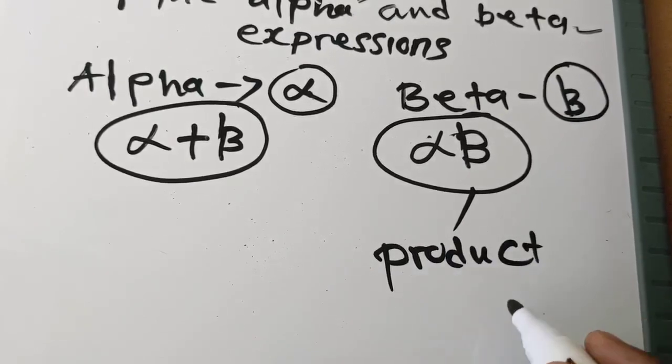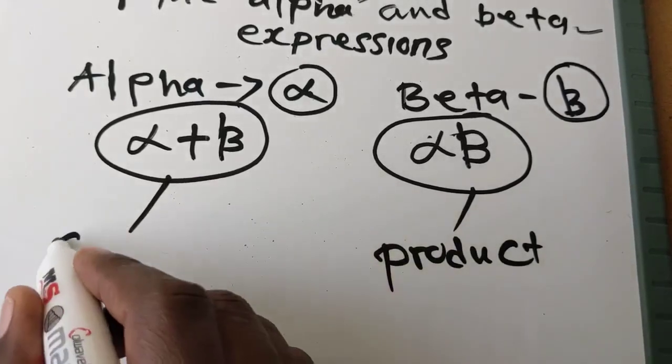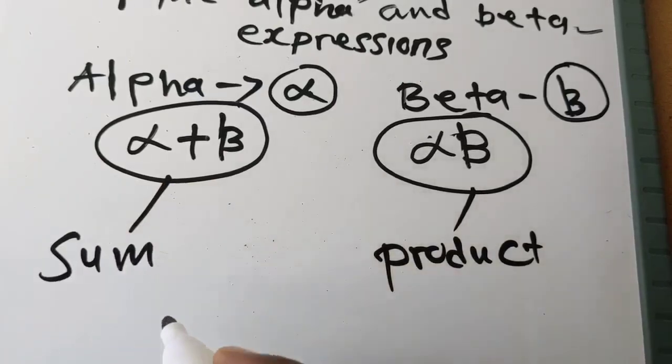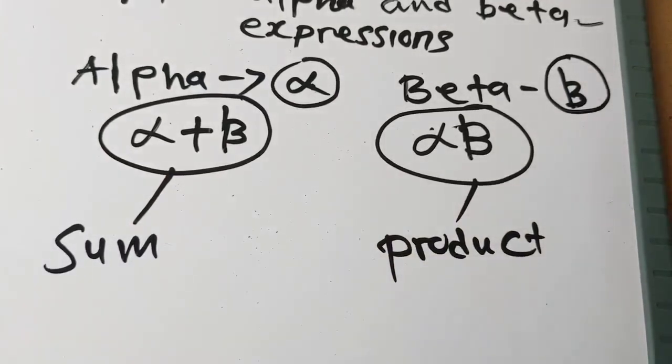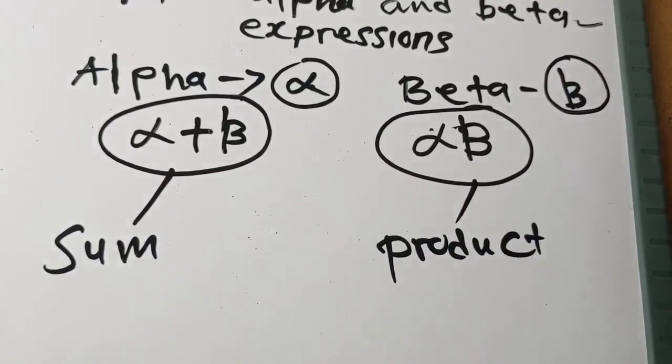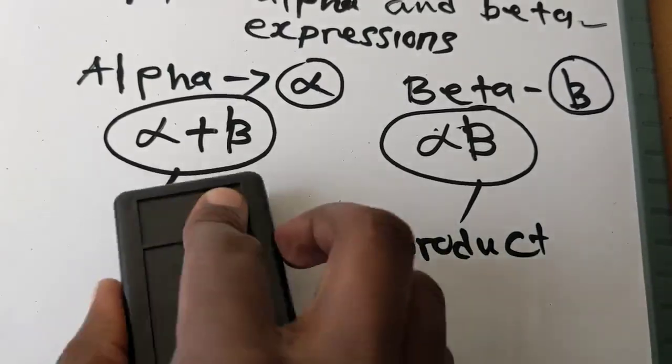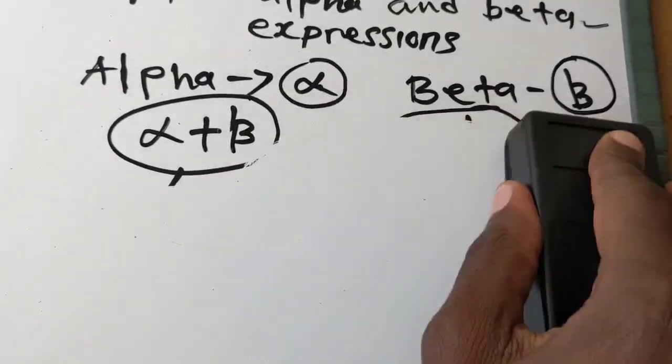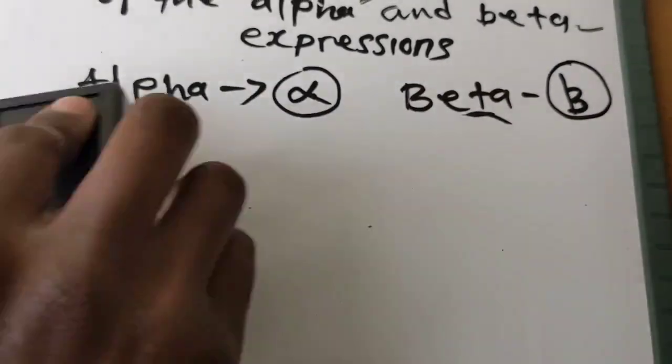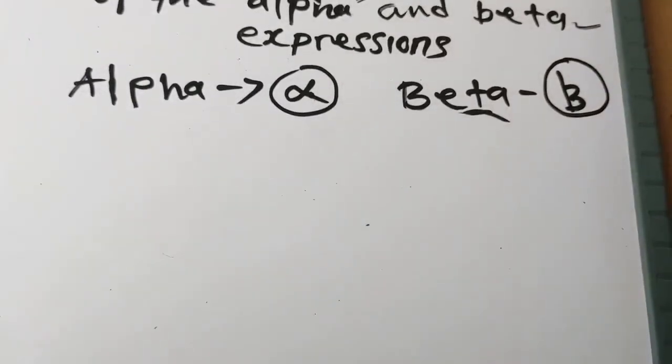The product. This is the what? The sum. So now I want to show you how we derive these formulas. So at the end of this lesson, we need to find the formula for the sum and the formula for the what? For the product.